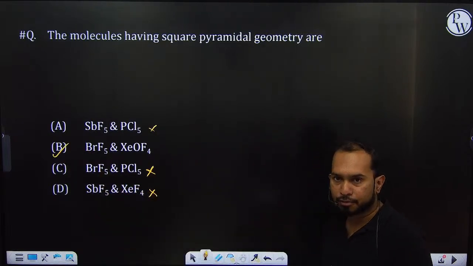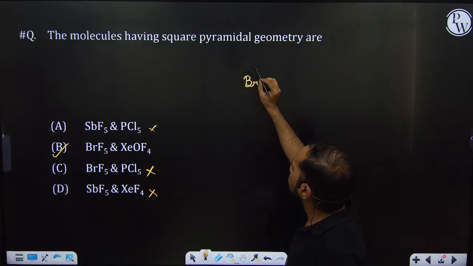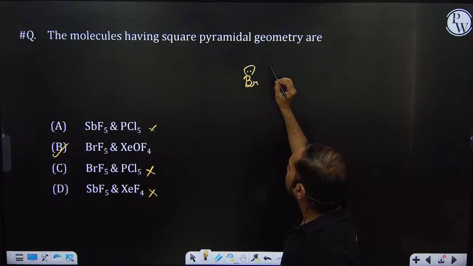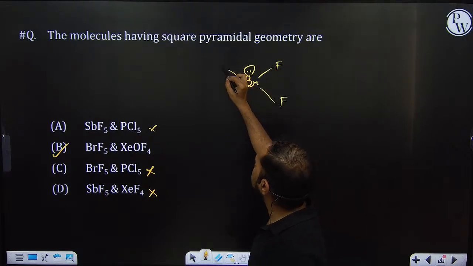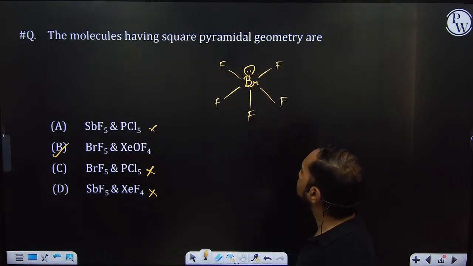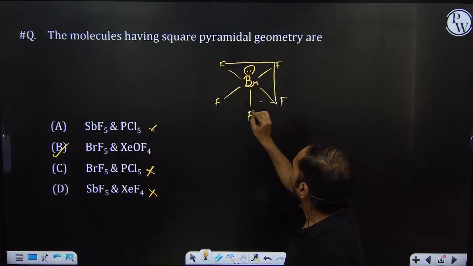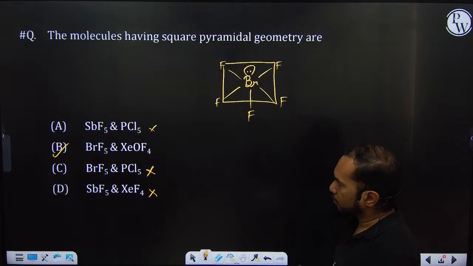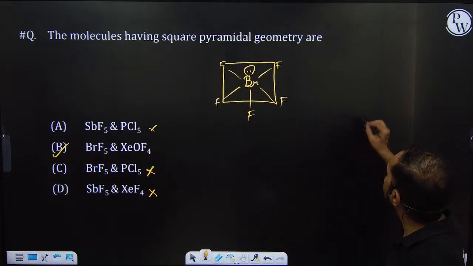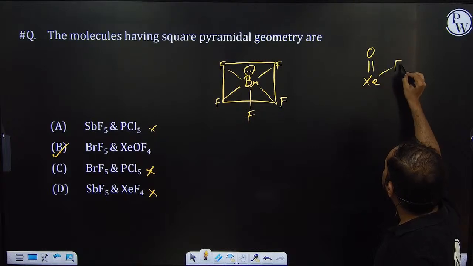That means also BrF5. BrF5 has bromine and 5 fluorine. 4 fluorine will be arranged in a plane. And XeF4 then has 4 fluorine.